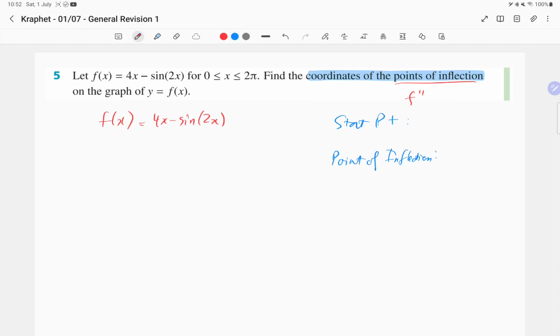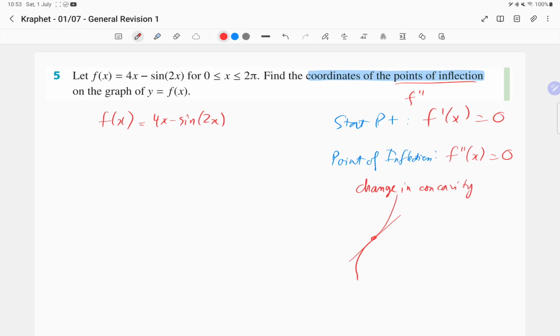A stationary point is when the first derivative is equal to 0, or the gradient is 0 at that point. The point of inflection is the change in concavity, and this is when the second derivative equals 0. So a point of inflection is a point where, say this is the gradient, it was concave down before and has to be concave up after.